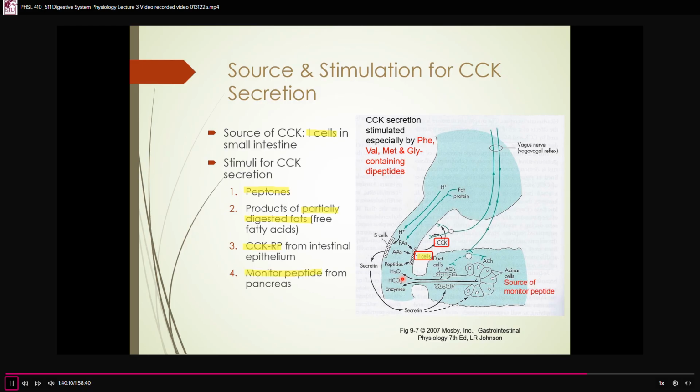So monitor peptide is going to come in along with the acinar cell secretions, and when it gets into the small intestine, it's going to be the 4th substance that will stimulate the I cells to make CCK. So that's what CCK is, and I didn't mention, but especially important amino acids in stimulating the activity of those I cells are going to be phenylalanine, valine, methionine, glycine.